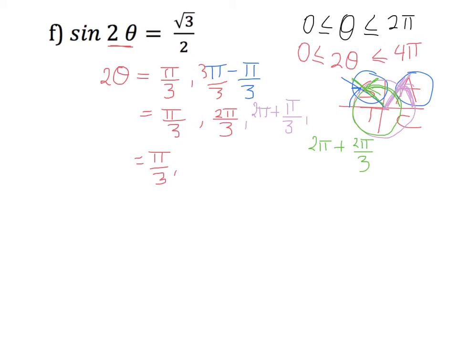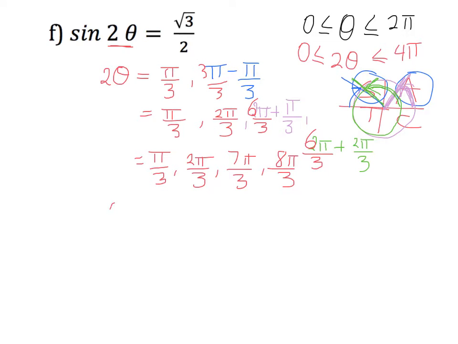So we've got pi on 3, 2 pi on 3, we've got a common denominator, changing that to a 6, 7 pi on 3, changing that to a 6, 7, 8 pi on 3. Now that is what 2 theta equals. We want to find what theta equals.